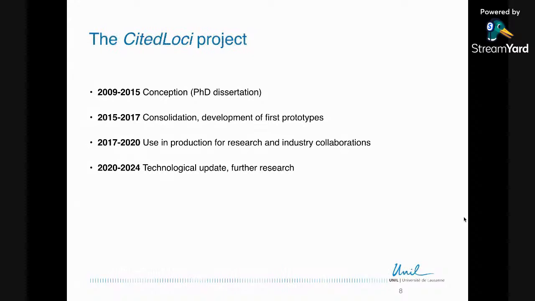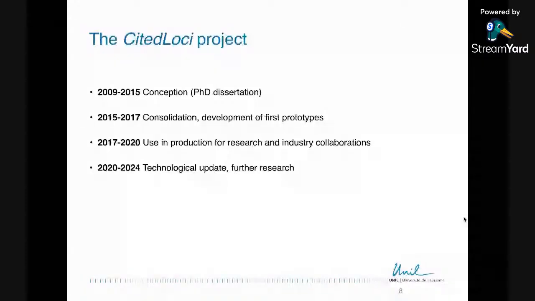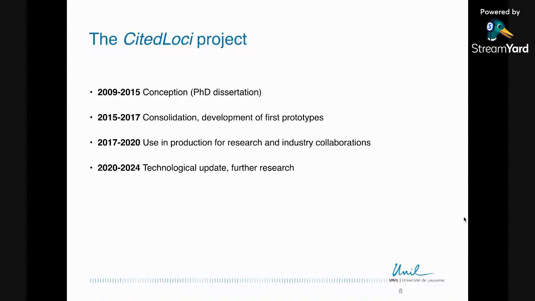For example, you have Python 2 being now totally obsolete and having everything that needs to be ported to Python 3. So quite a few changes on the technology side, but also on the research side. If you think of the revolution that has happened in NLP research due to the explosion of neural technologies in the last, let's say, 5 years, there is lots to update in what I had in this Cited Loci pipeline.